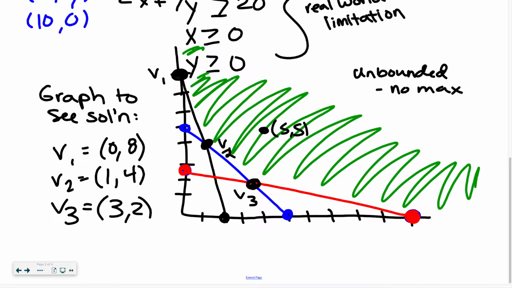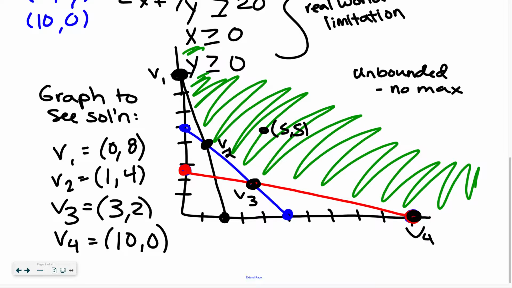And then the last vertex is this one over here, okay, V sub 4, which we definitely already know because that's an intercept, that's 10, 0. Okay, there is a point of intersection right here, right? But that's not around your shaded region, so it's not a vertex.